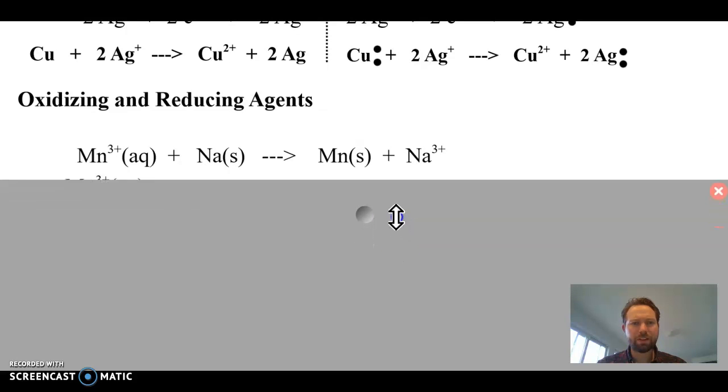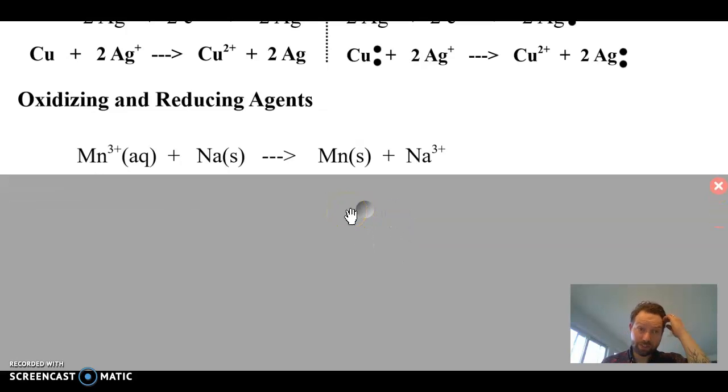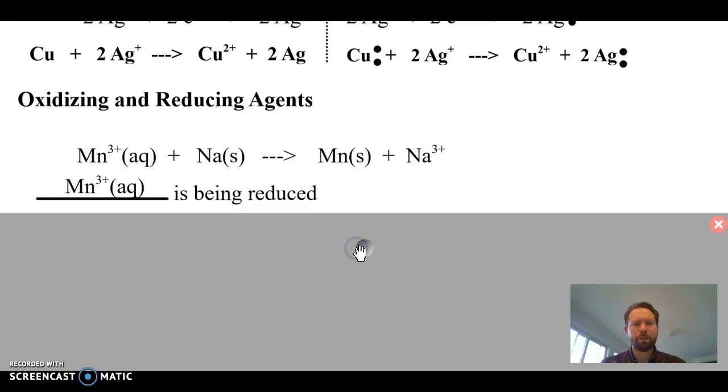So this is another example here, and we'll pause this for a second. Maybe you can figure out what is being oxidized and what's being reduced. If you looked at this, you saw that the manganese, the Mn3+, was going from a cation to becoming a solid neutral atom.